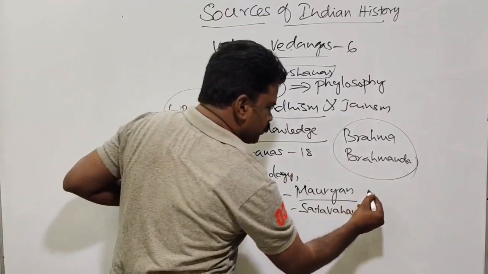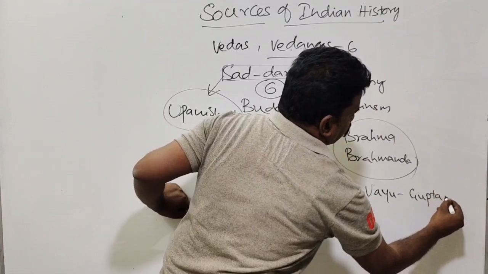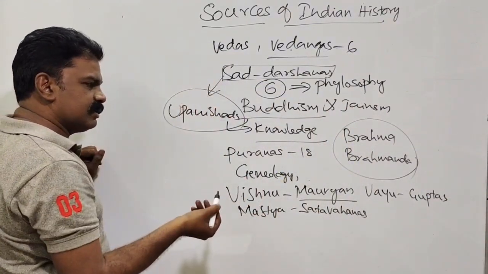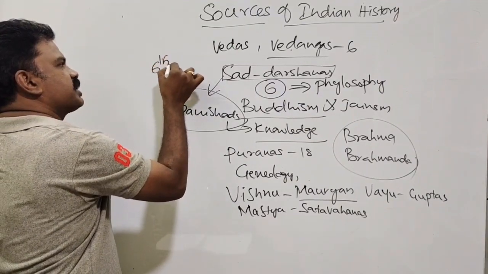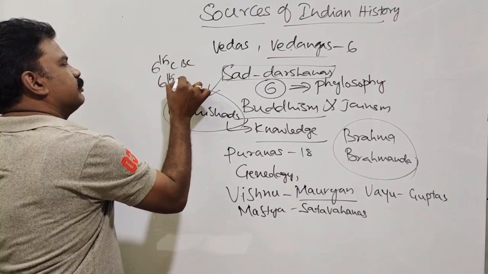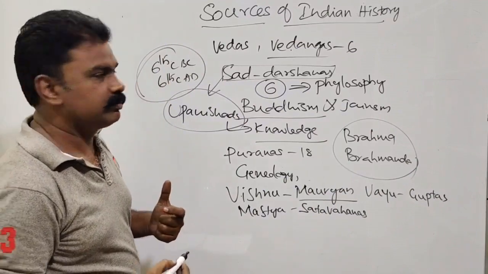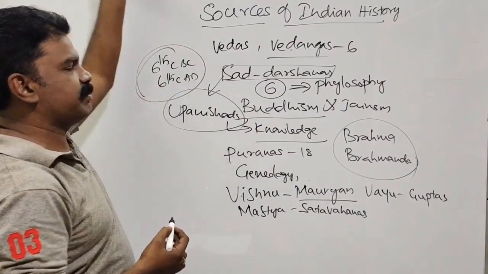And Vayu Purana speaks about the Guptas. Puranas give information from almost the 6th century BC to the 6th century AD. This is the period in which Puranas were composed.